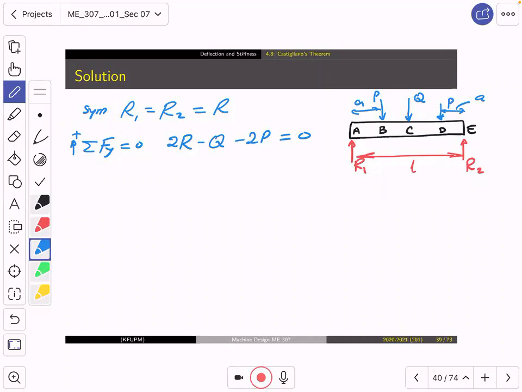So what would I get from here? I will get that 2R equals Q plus 2P, so the reaction will be equal to Q over 2 plus P. That's the reaction.